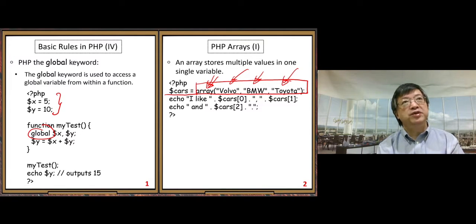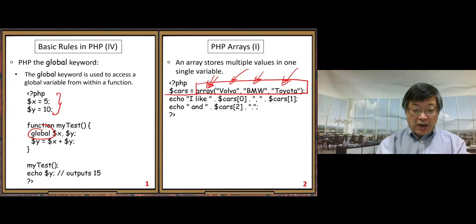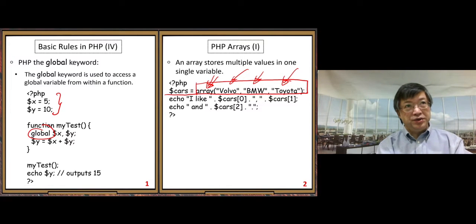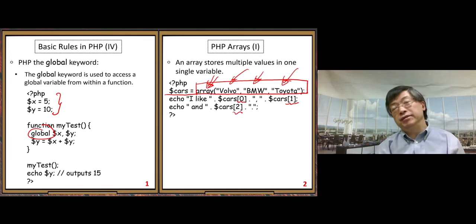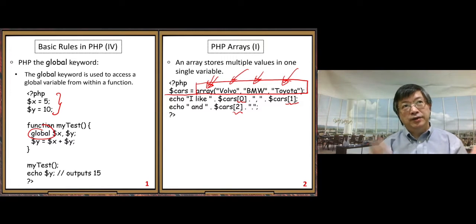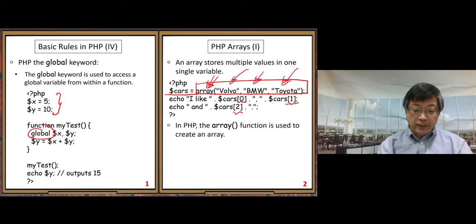You can use any number of arguments. After that, when you want to use those values, you go through array indexes 0, 1, 2, 3. So very simple.